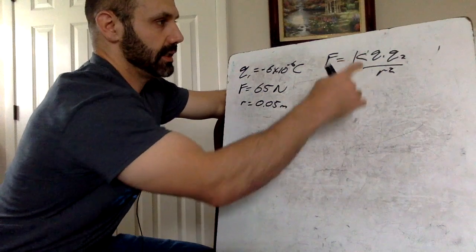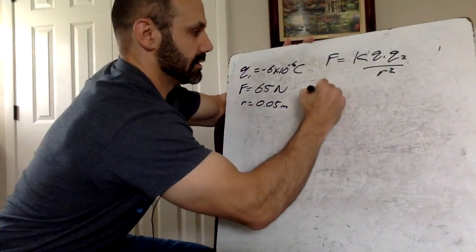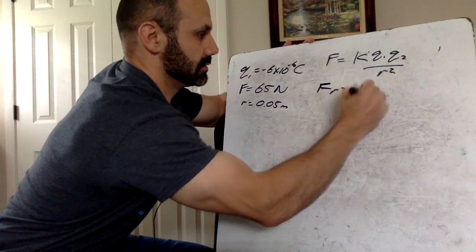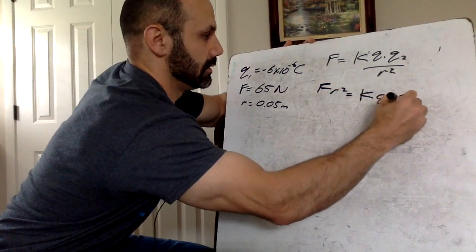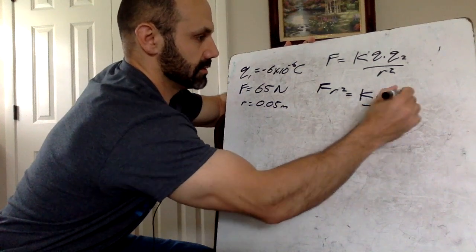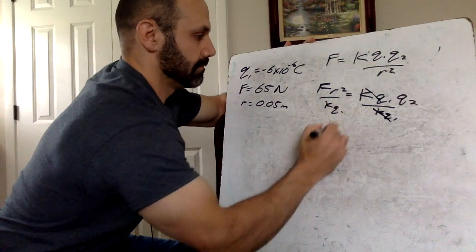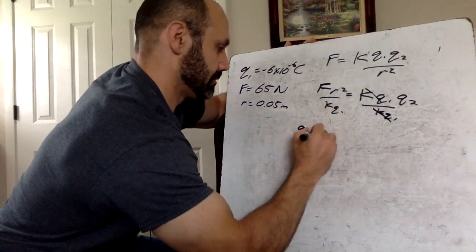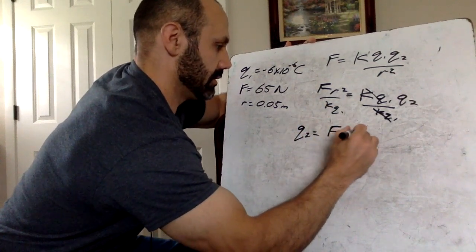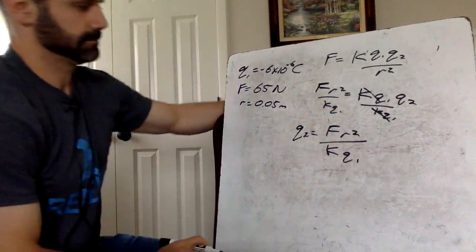All right, so I'm trying to get Q2 by itself, so I'm going to multiply R squared to this side, so F R squared equals K Q1 Q2. Now I'm going to divide both sides by K Q1, because I'm trying to get that by itself. So Q2 is equal to F R squared over K Q1.